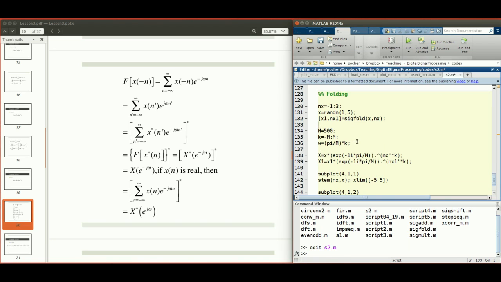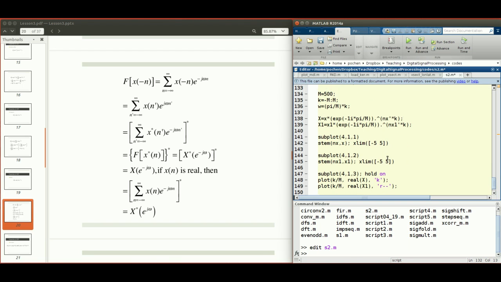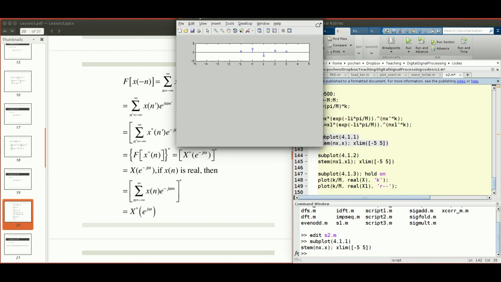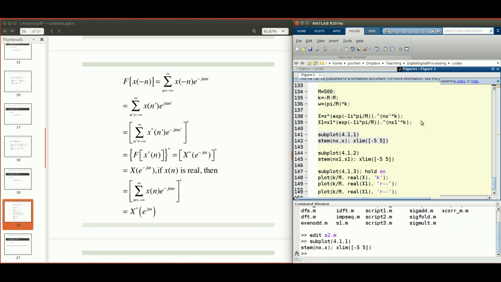So that's going to be my time domain signal and my folded signal. So let's look at what they look like, right? So here's a subplot. That's the time domain signal, nx x. Let's just evaluate this code. So that's my time domain signal X. The horizontal axis goes from -1 to 3, and then amplitude is just 5 random numbers, right?